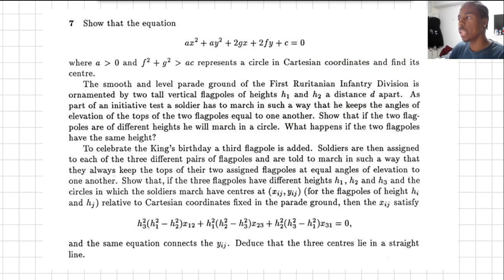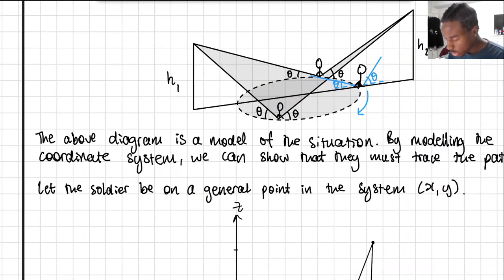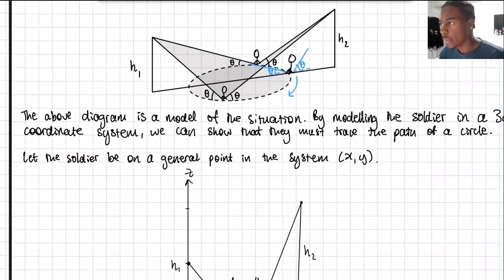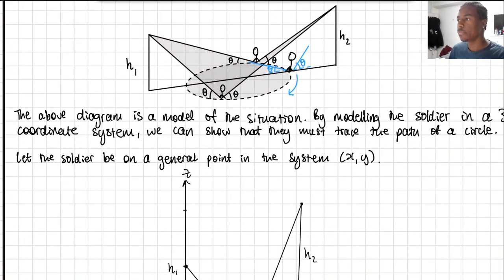And apparently that traces a circle. So it's going to look something like this. Okay, so we have our soldier, who's here, and then they're walking along this path in such a way that they keep the angle of elevation between the top of the flagpole of height h1 and the top of the flagpole with height h2 equal. Okay, so that's kind of what the situation looks like.